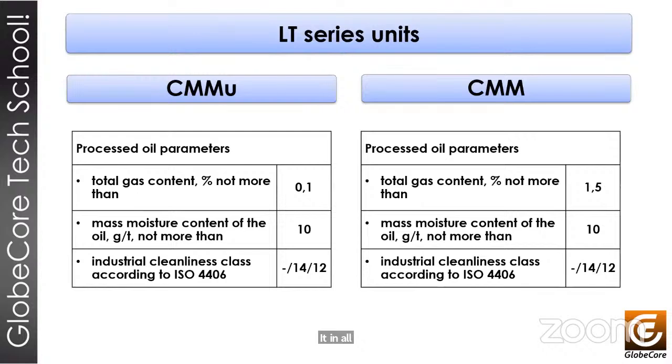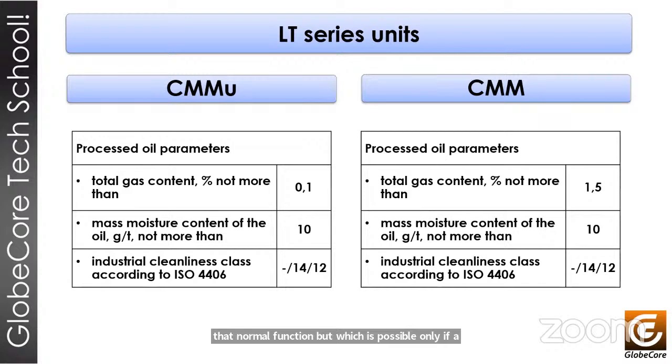Here is a table of characteristics after processing oil with the CMM unit and the CMMU units. Thanks to the use of a two-stage vacuum system in the CMMU units, we can achieve good results in terms of residual gas content. This is important in enterprise service of transformers, the normal function of which is possible only if the gas content is minimum.